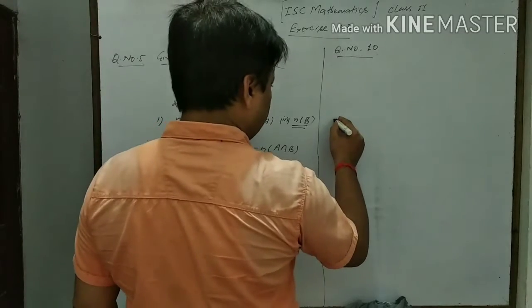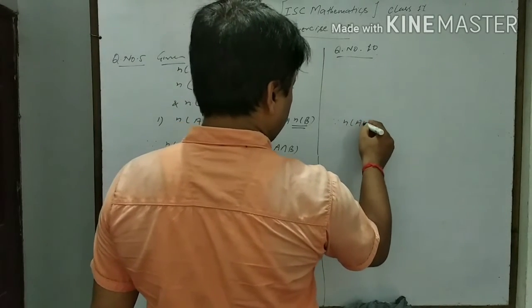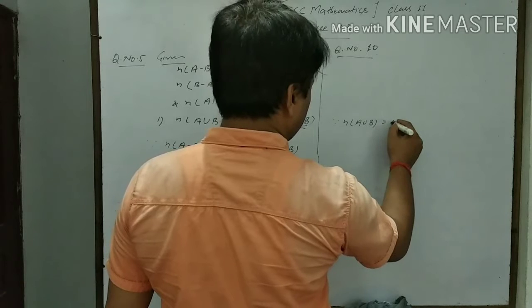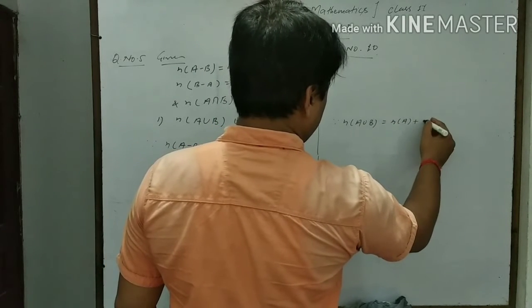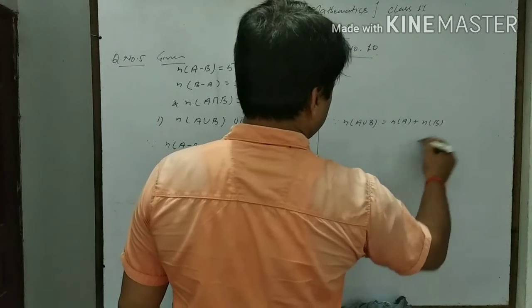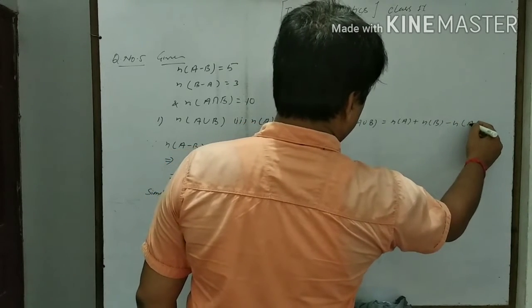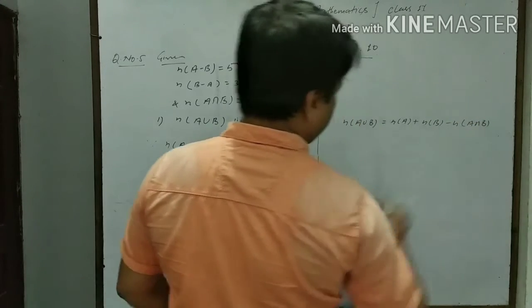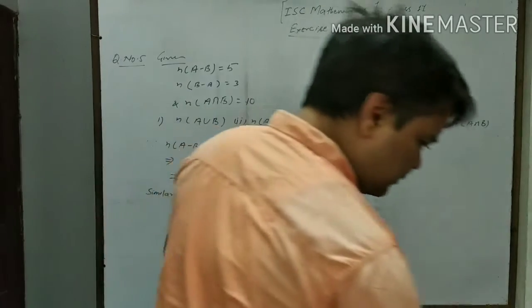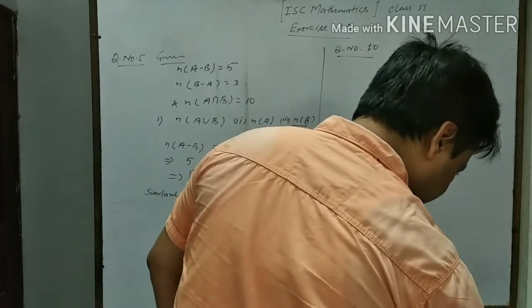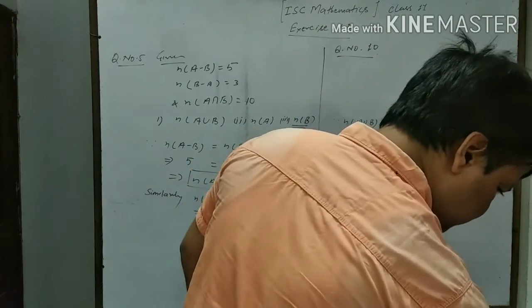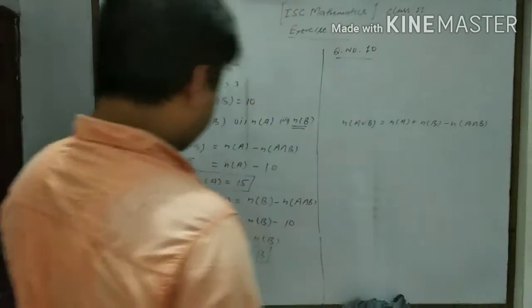We know that cardinal number of A union B is equal to cardinal number of A plus cardinal number of B minus cardinal number of A intersection B. This is the formula given.